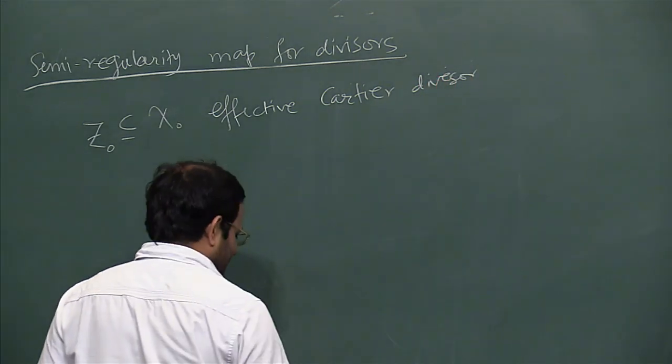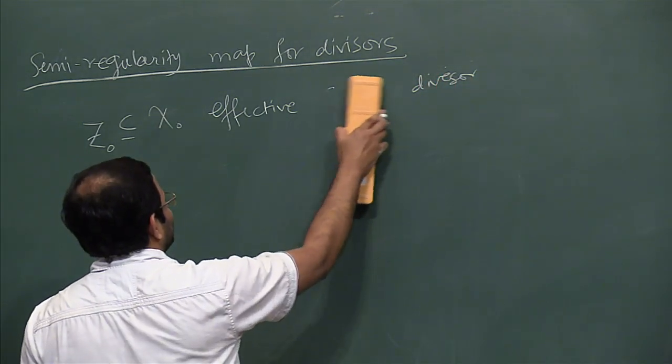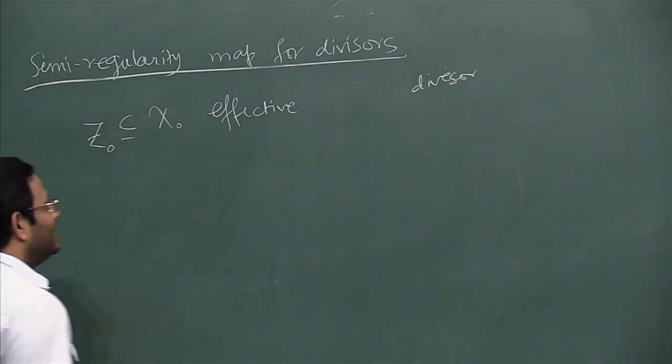Actually, you can forget about Cartier because this is a smooth variety, so all divisors are Cartier.